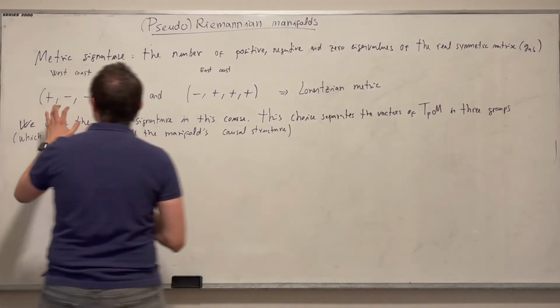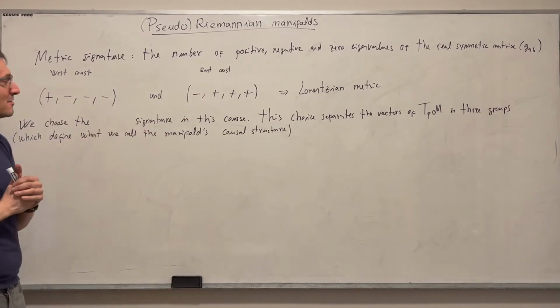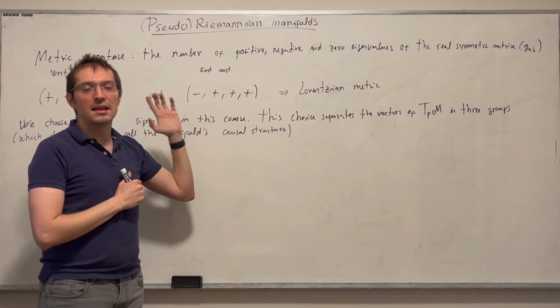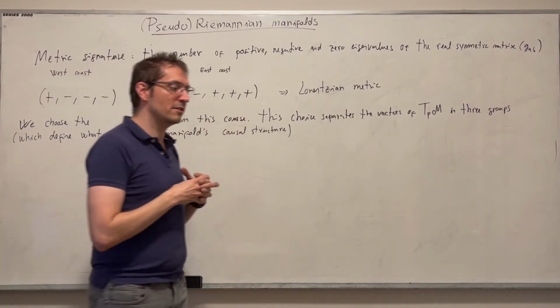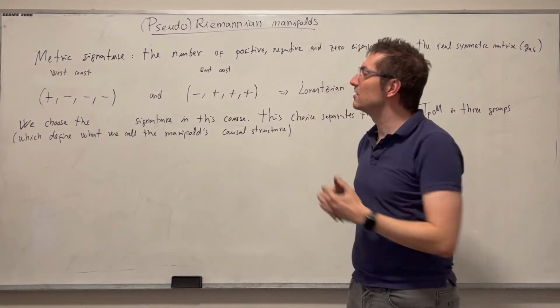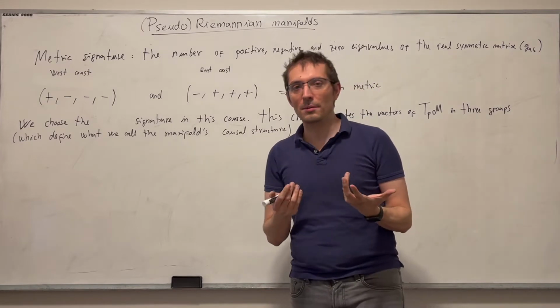If it's one positive and the rest negative, this is the West Coast convention for a Lorentzian metric. And if it's one negative and the rest positive, it's the East Coast convention. So with a Lorentzian signature, these two conventions are totally equivalent.